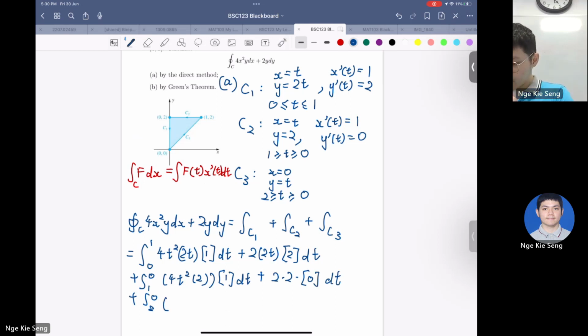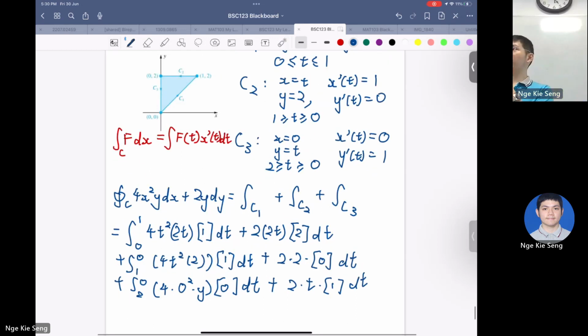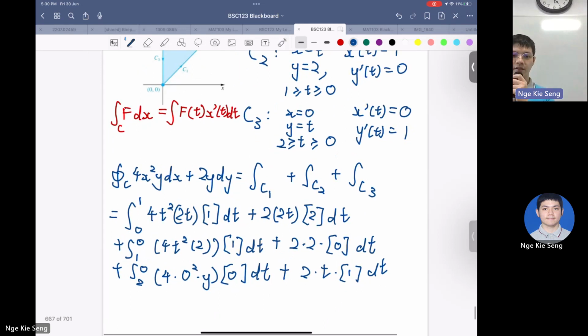And then the third one is 4 times 0 squared times y, and x prime t you get 0, y prime t you get 1. So here you put 0, and the other one, 2 times t times 1. Make sense? Okay, so compute this.